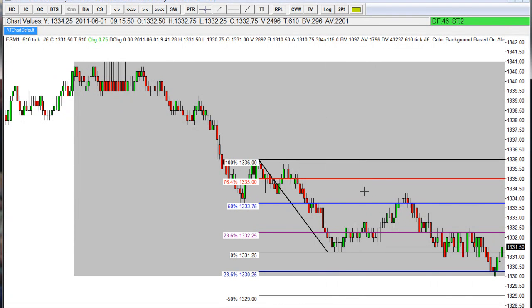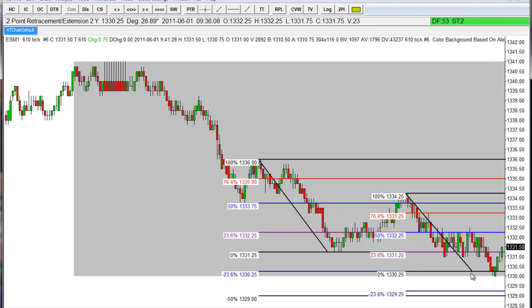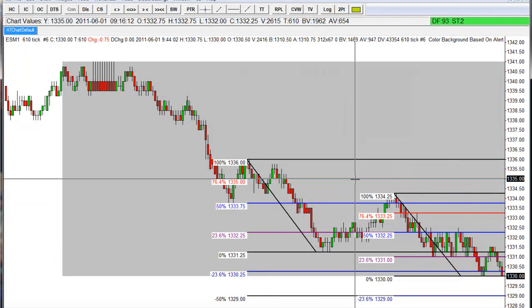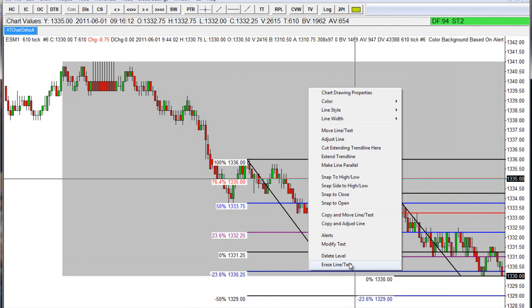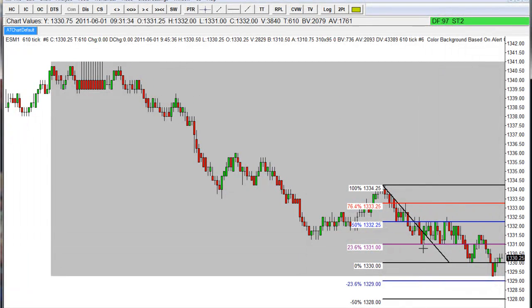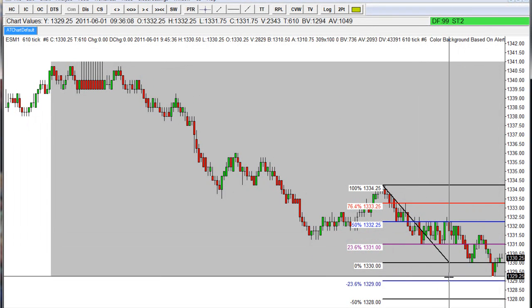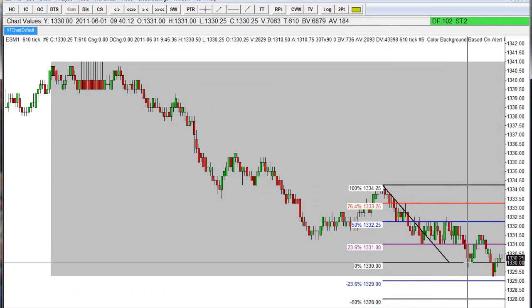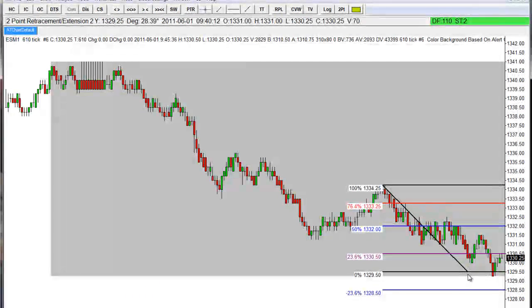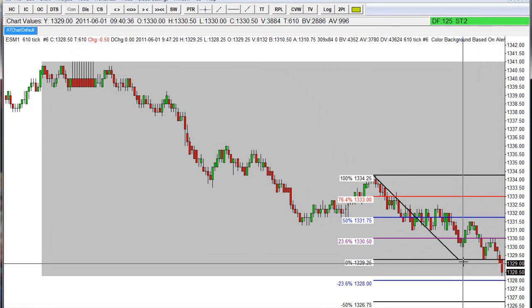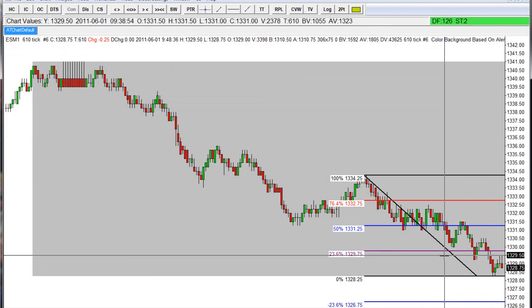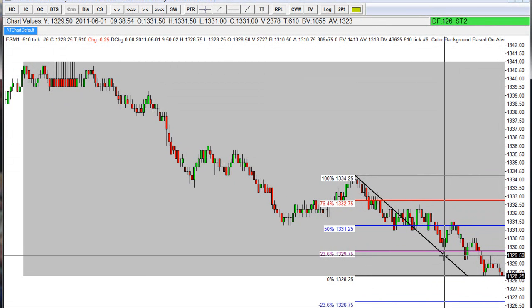So I would be looking to draw another fib from here to here, which does match the criteria. And let me erase that one. Okay, price then moves, passes the midway point between these two, and retraces back. So I would extend the 0% line over here. Does so again. Move my 0% line over here.